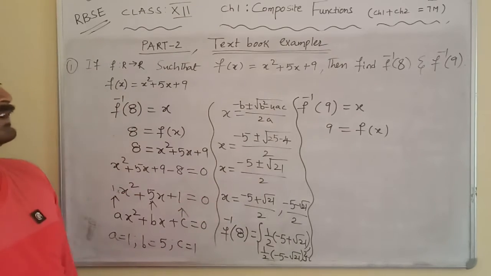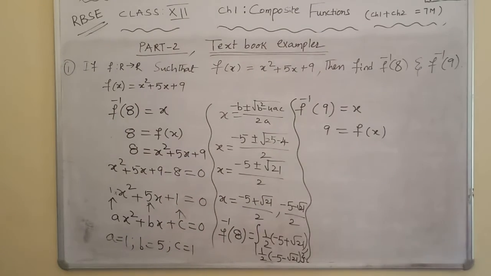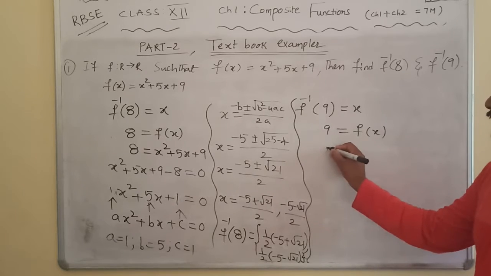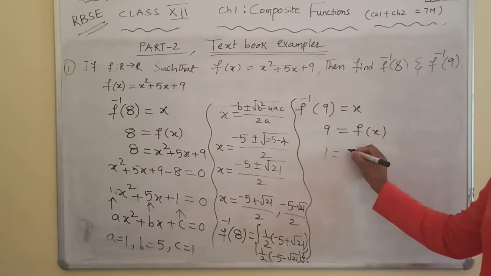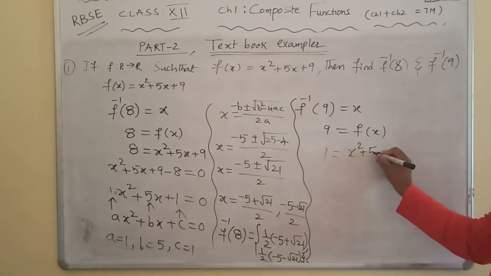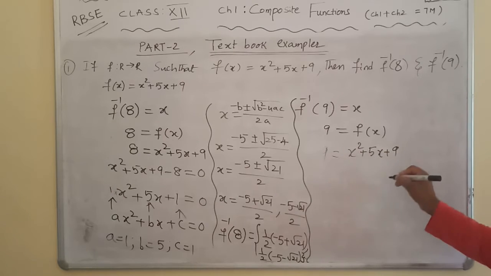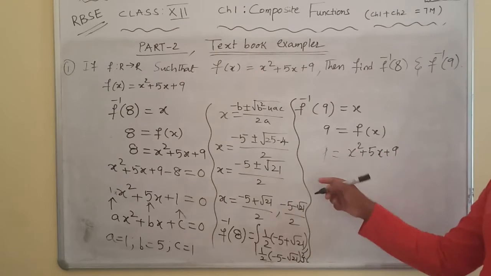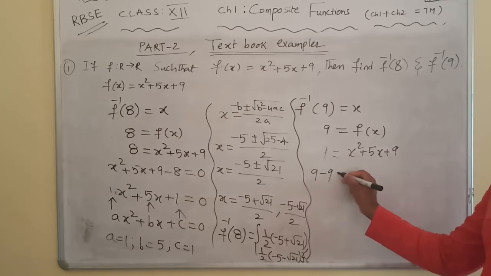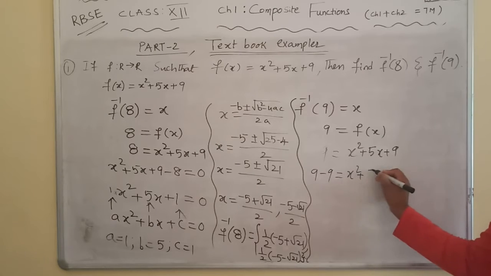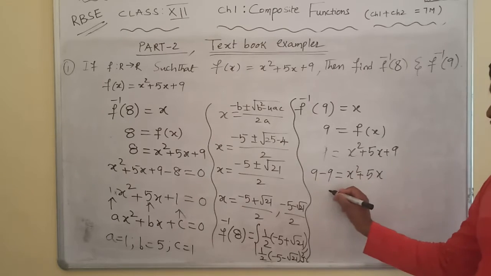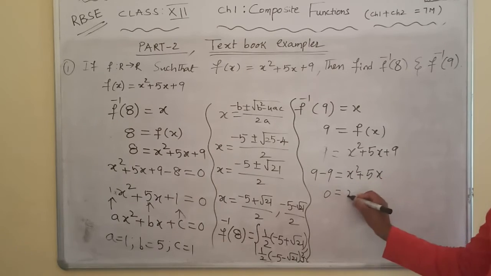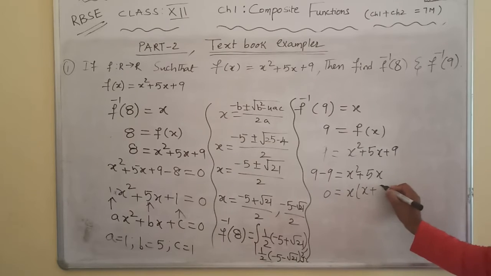Now let's move on to f inverse of 9. So 9 is equal to, what is f of x? x square plus 5x plus 9. Plus 9, go to that side, minus 9. So 9 minus 9 is equal to x square plus 5x. 9 minus 9 is 0, then x common here, x into x plus 5.